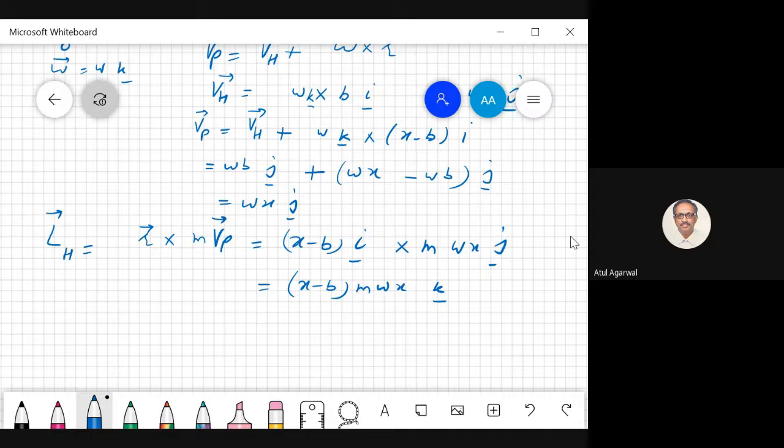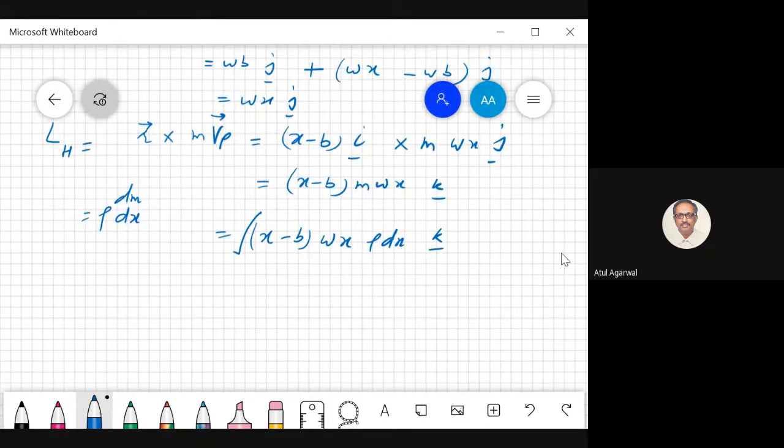So this was one particle. So you could have taken an element of mass dm, of length dx, density rho. So you could have written the integral of x minus b times omega x rho dx. So what do you get?